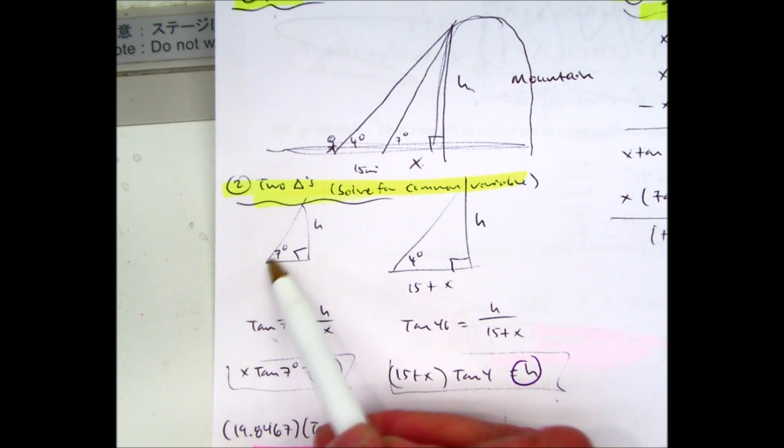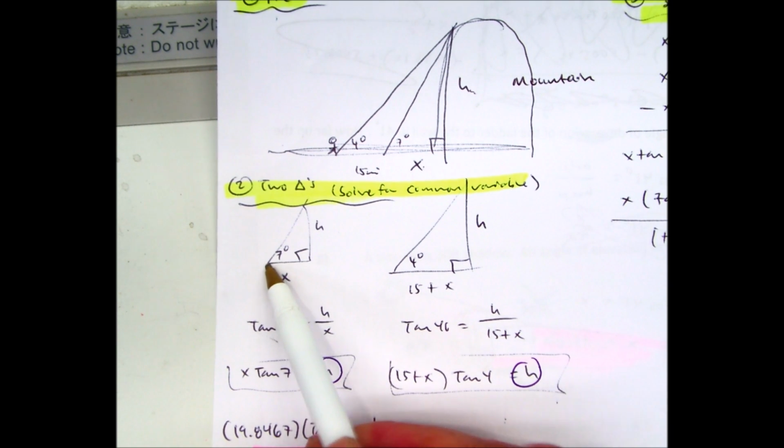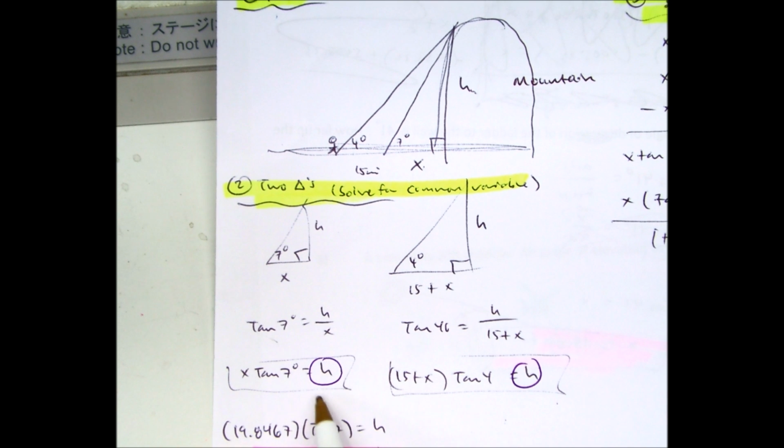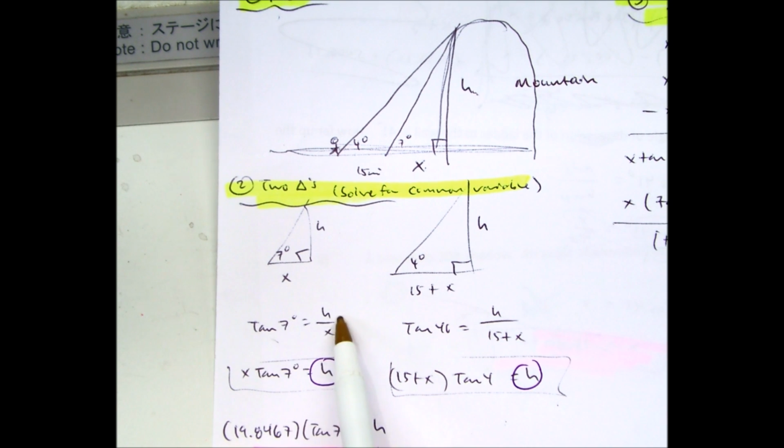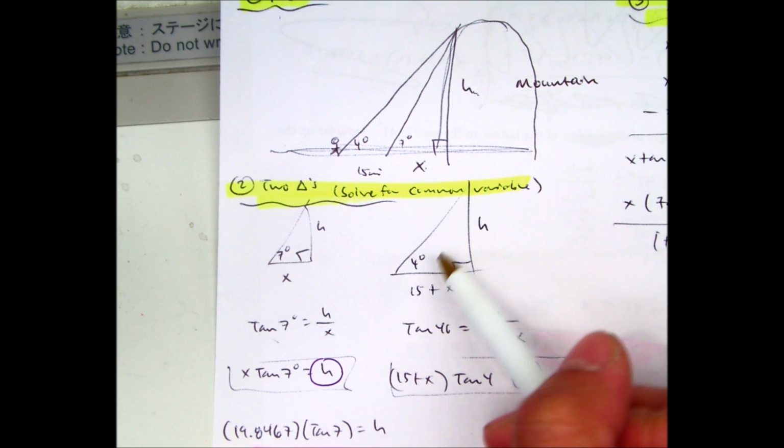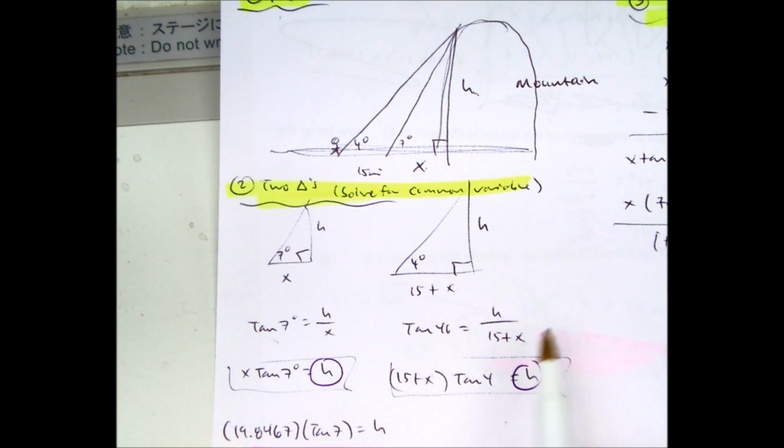7 degrees and h and x, I have tangent of 7 equals h over x. Multiply both sides by x, h is equal to x tan 7. On this problem, I have 4 degrees, opposite is h, over the adjacent, which is 15 plus x.